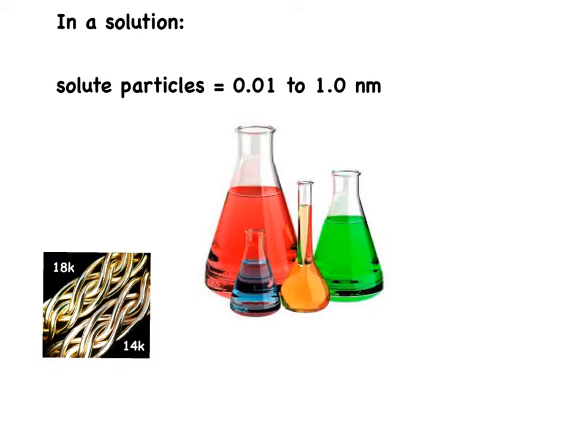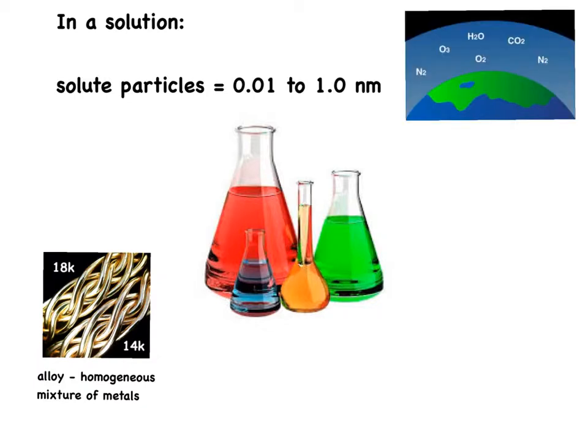This makes them stronger and makes the jewelry a little bit less expensive. A mixture of metals is known as an alloy. Solutions can also be gases. Our atmosphere is a mixture of gases, also a solution.